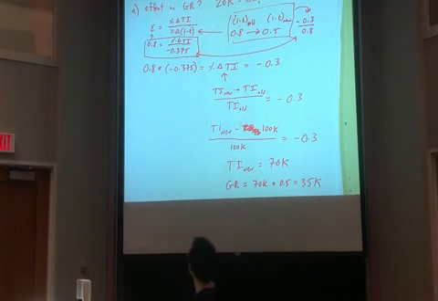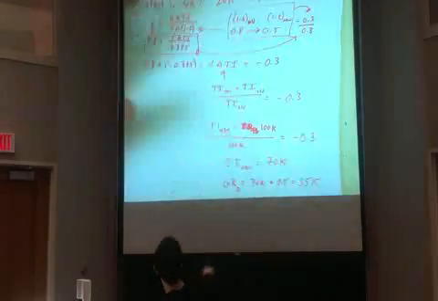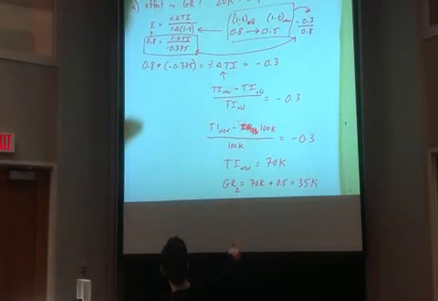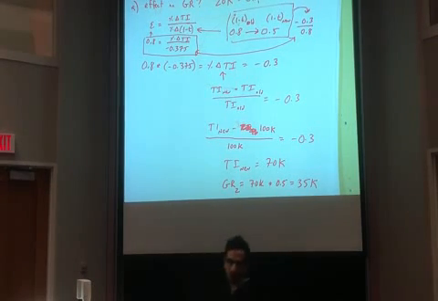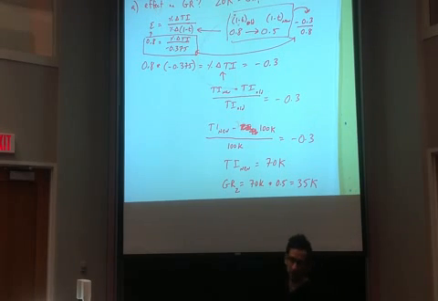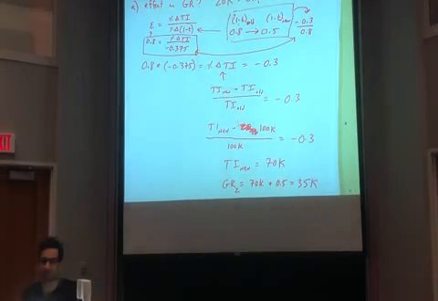The new government revenue is 35,000. It used to be 20,000. So government revenue goes up by 15,000. Or you could also say it goes up by 75%. That's fine. So that's how you compute the effect on revenue. You've got to use the elasticity of taxable income formula.